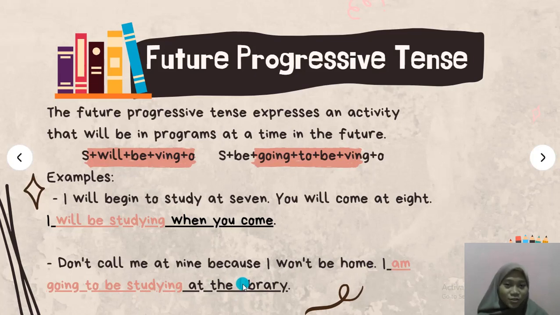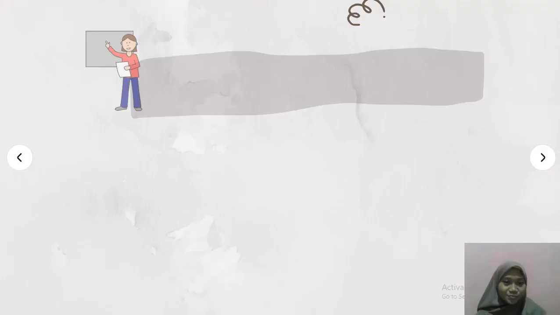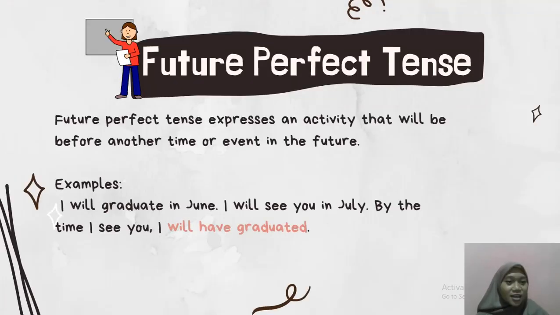Okay, we move to the third type of future tense. Here is future perfect tense.